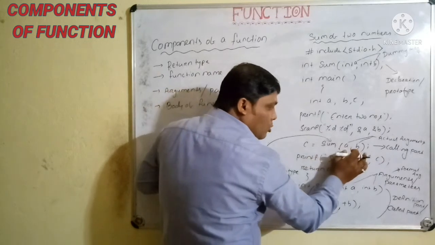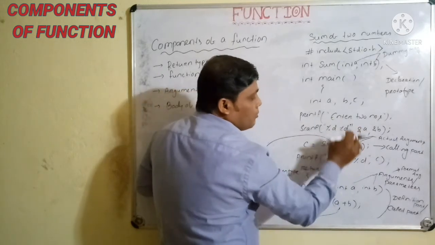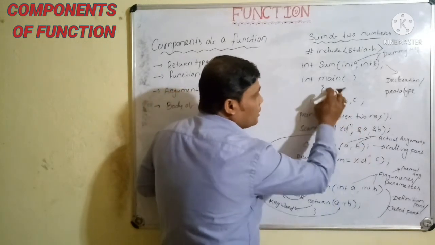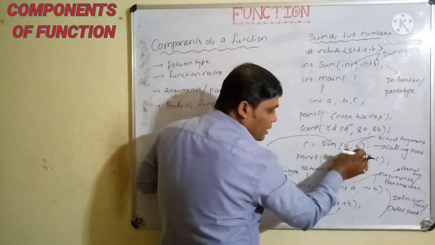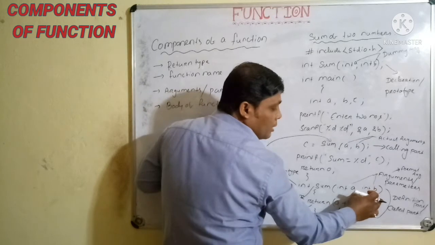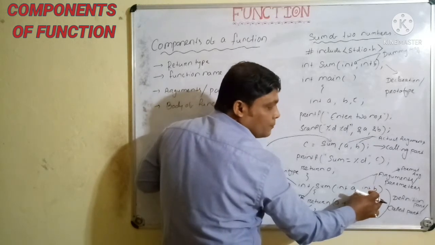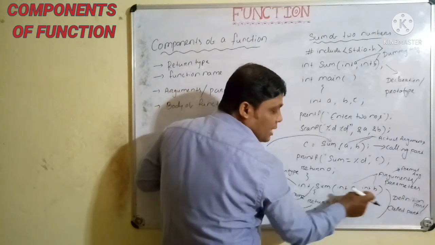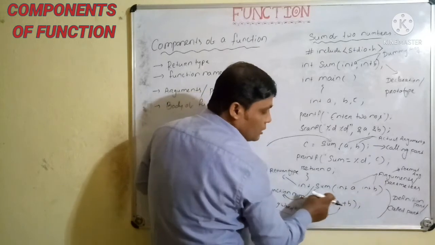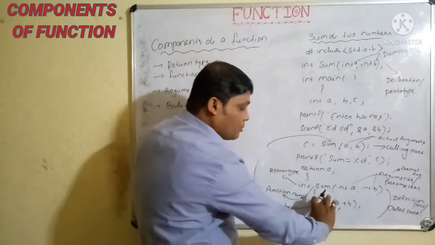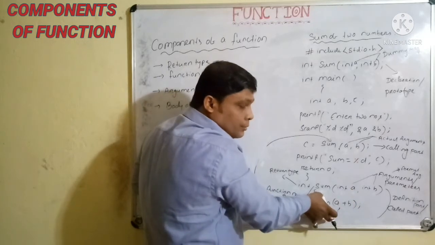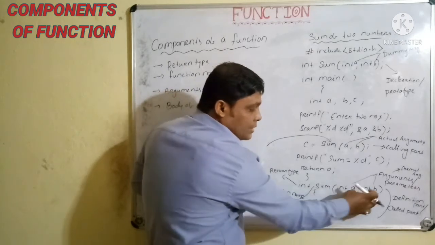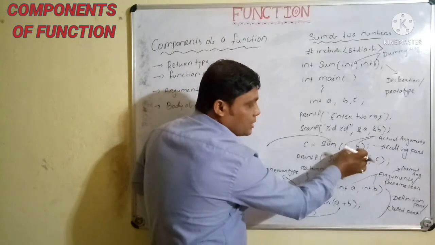So memory will be allocated for this A B for the main function. And this A B is different from this A B because this A B is local to this definition part or this block. Scope is within this block. So this A B is different from this A B.